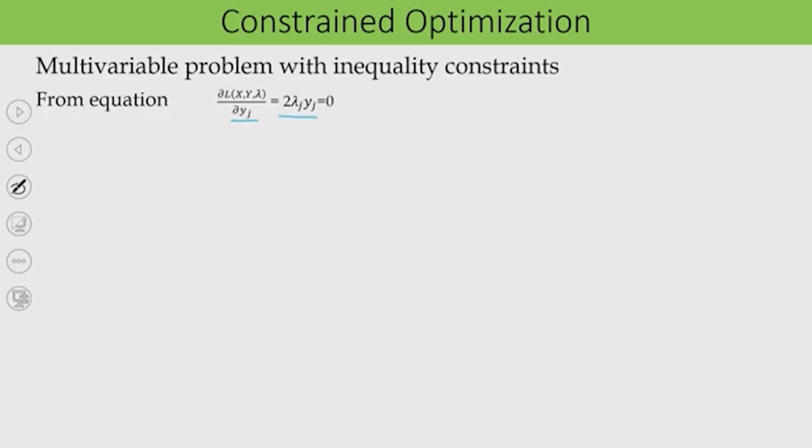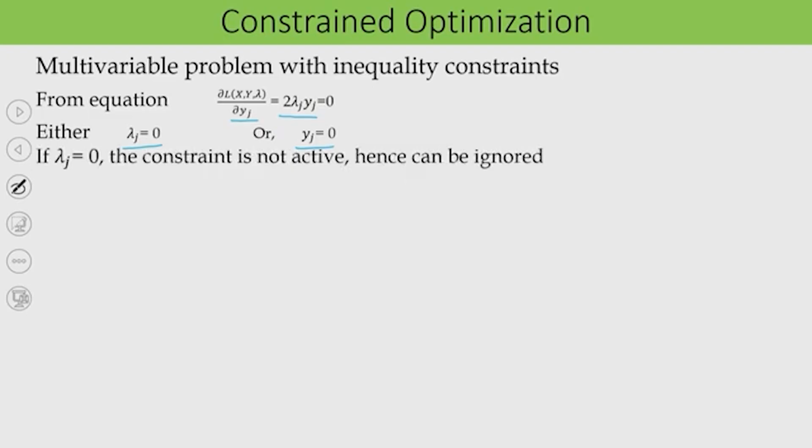So, from this equation, either lambda j equals 0, or y j equals 0. What does it mean? If lambda j is 0, then twice lambda j y j equals 0. So we have two conditions: lambda j can be 0 or y j can be 0.